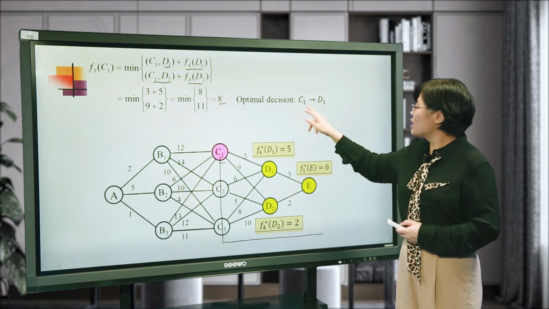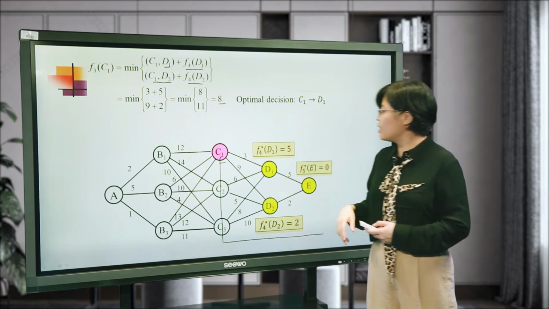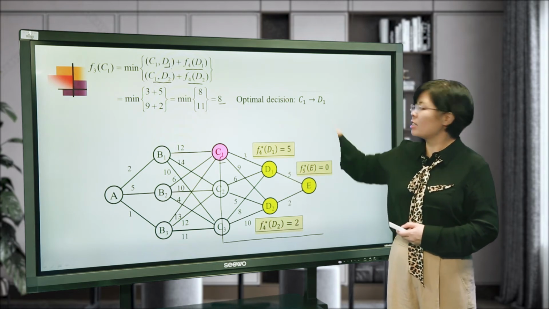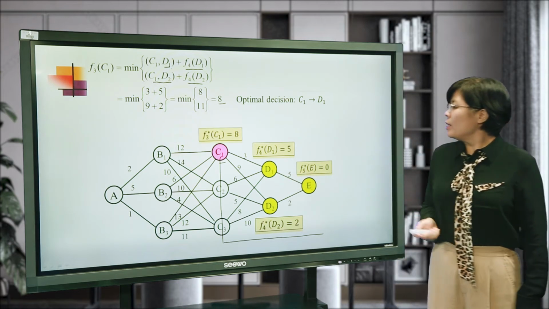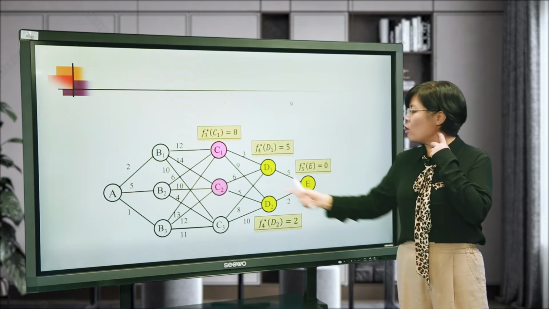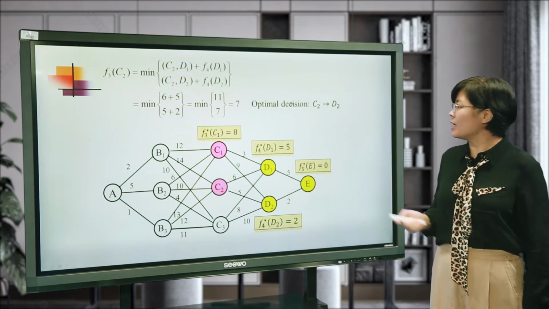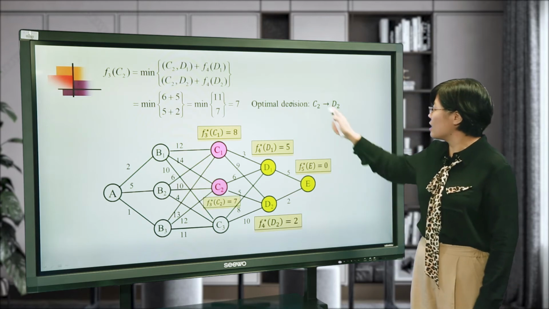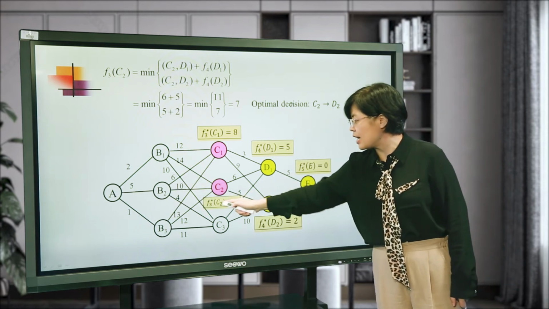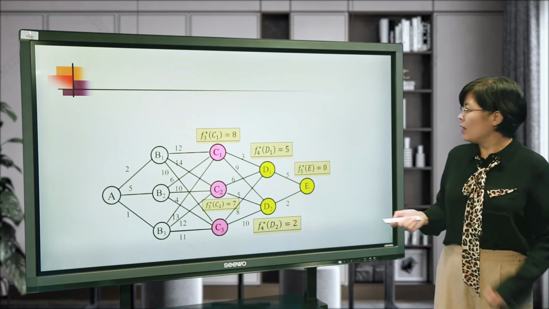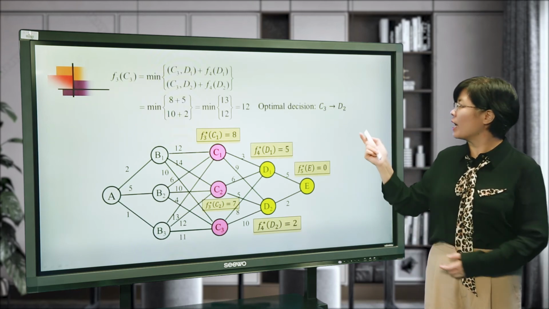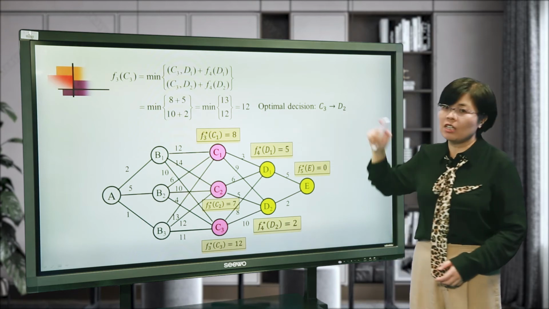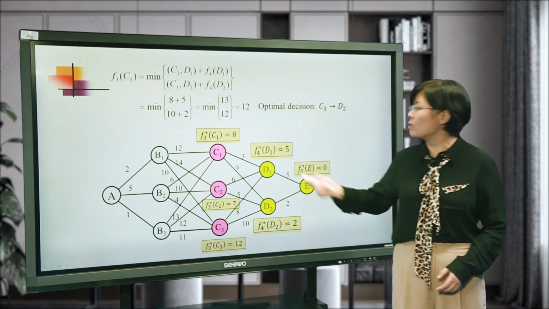So the optimal decision for C1 is to go to D1. Similarly, for C2, the optimal decision is C2 to D2, and the distance is 7. Following that, for C3, the optimal decision is C3 to D2.